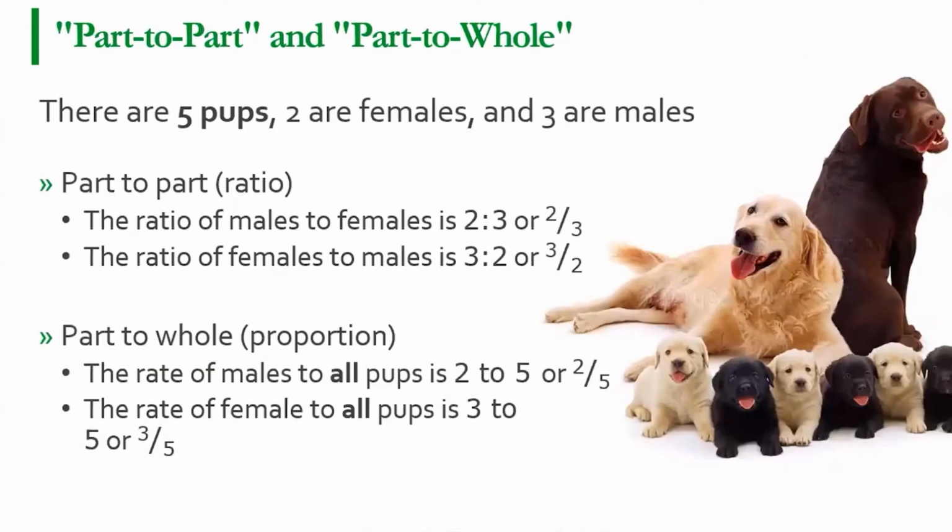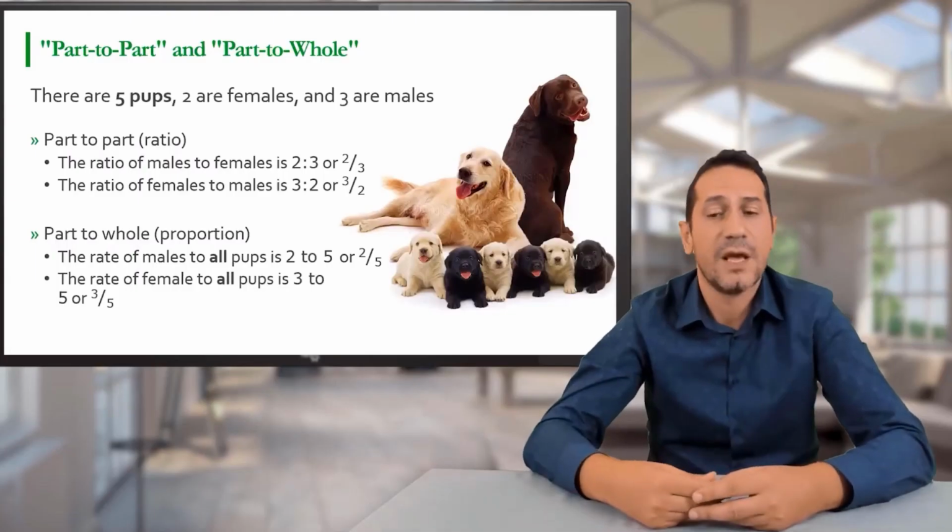To illustrate the concept a bit more, it's part to part and part to whole. Let's suppose we have these 5 puppies, of which two are females and 3 are males. The part to part is a ratio because we say we have 2 females to 3 males, or vice versa, 3 males to 2 females, but they are mutually exclusive of each other, either female or male, within the population of puppies.